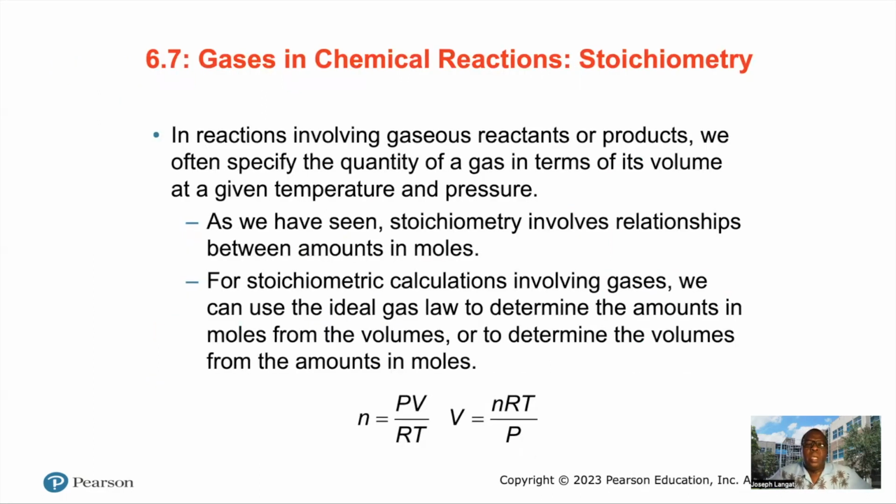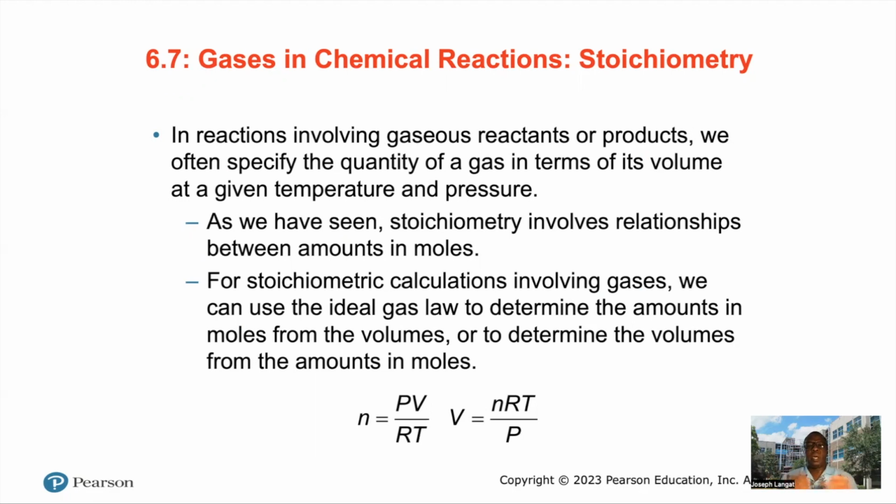Lastly, let's see stoichiometry revisited again. Remember, stoichiometry is the quantitative relationship between the reagents and the products in a chemical reaction. In section 6.7, we will look at reactions which involve gases.